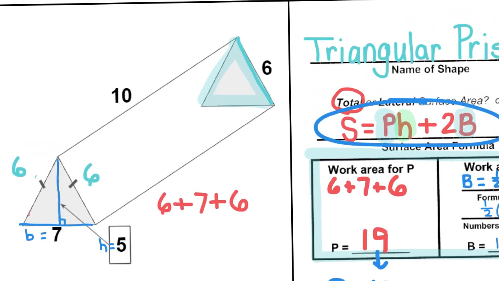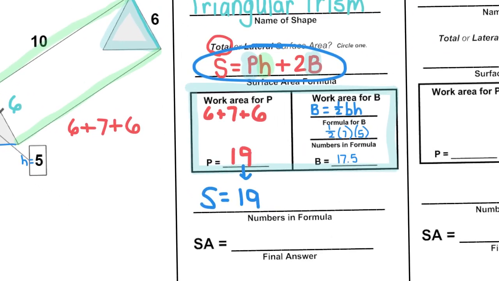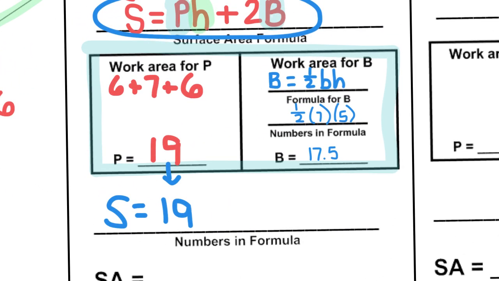Remember, the bases are triangles, so the line connecting them is that line right there, or this line. Those lines are the lines connecting the bases. So the height of this triangular prism is 10. The height in this formula will always be the line connecting the bases.